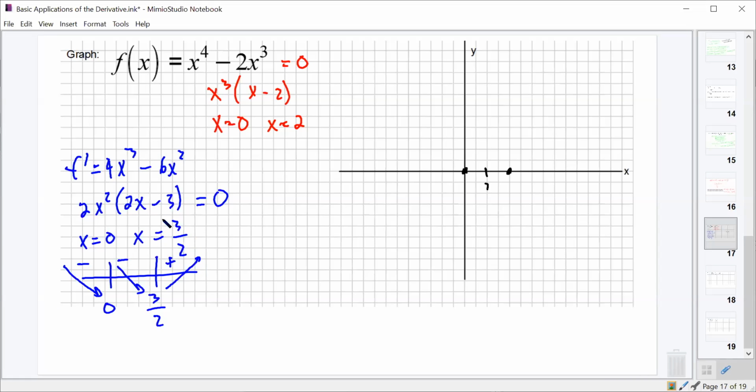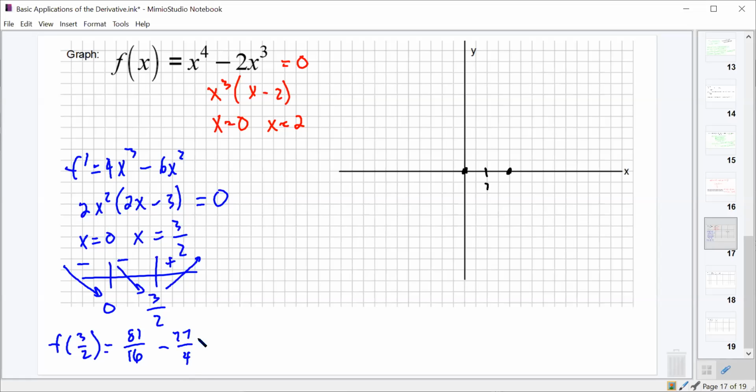And if you plug in 3 halves, what's f of 3 halves? We don't need to find f of 0 because we already know that it's 0. Should be 81 over 16 minus, and then 2x cubed, what is that? 27 fourths, which gives you what?